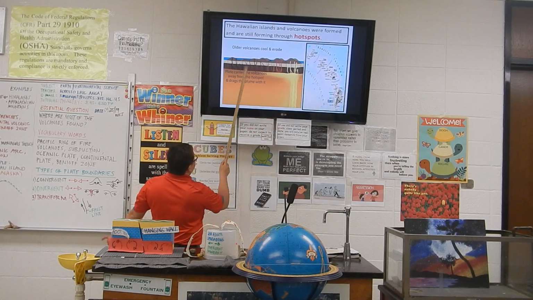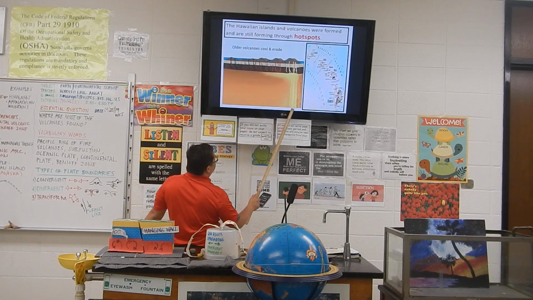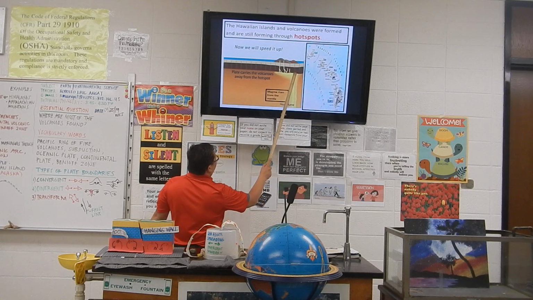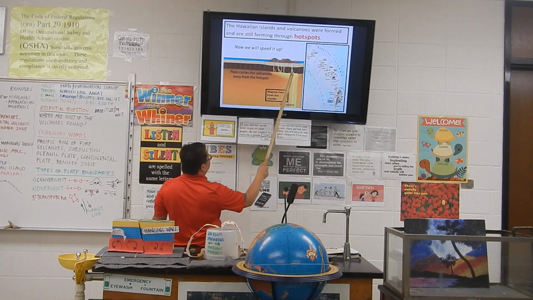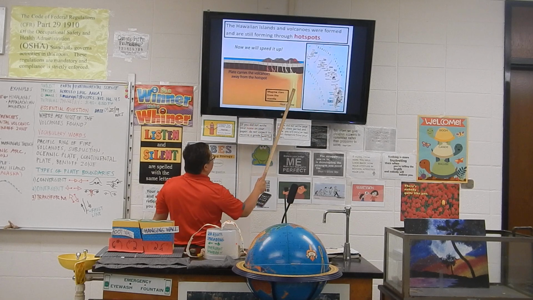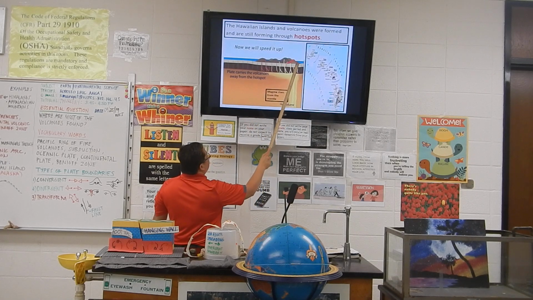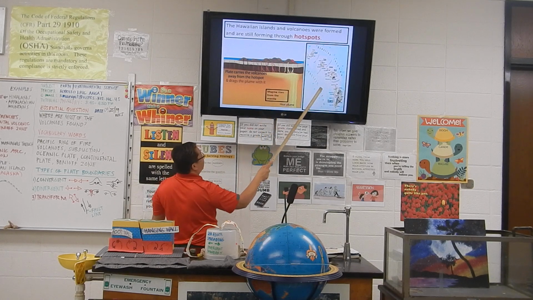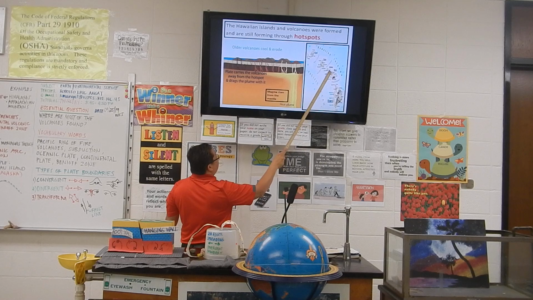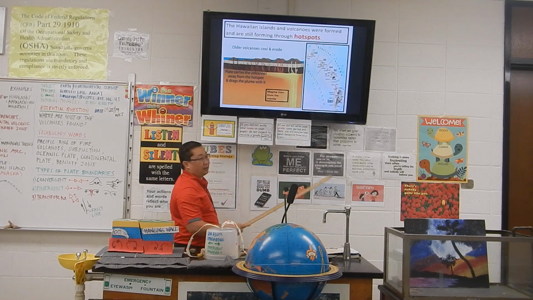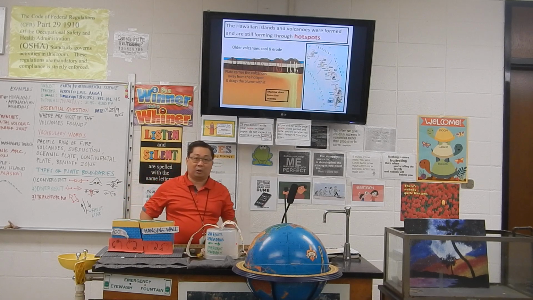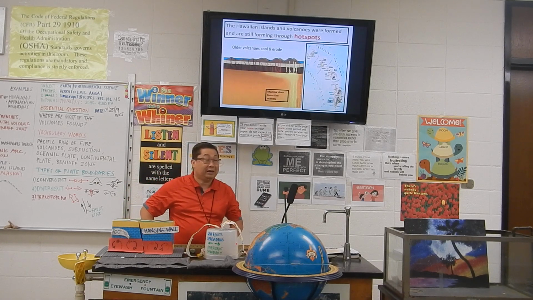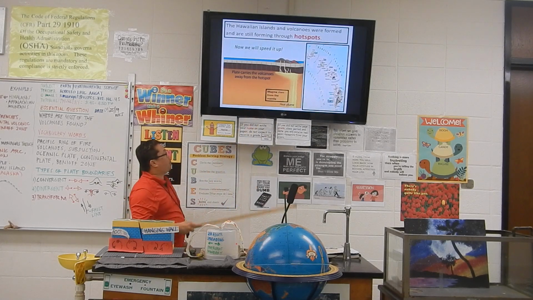See the plate moving to the left and the magma rising towards the crust or towards the plate. As the plate moves, the magma rises, the magma fills up the plate and forms new islands, just like the islands that we now have in the Hawaiian Islands, and these islands are becoming longer and longer because of the hotspot.